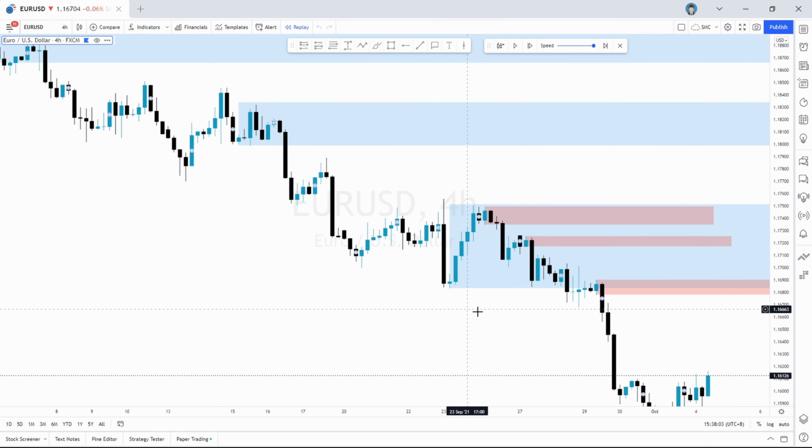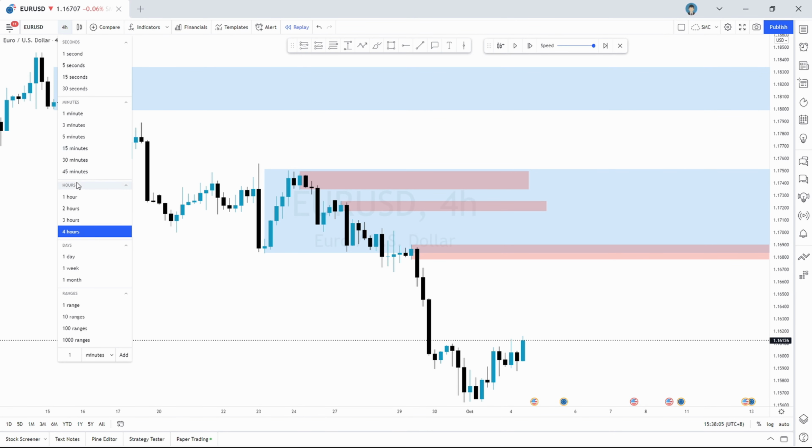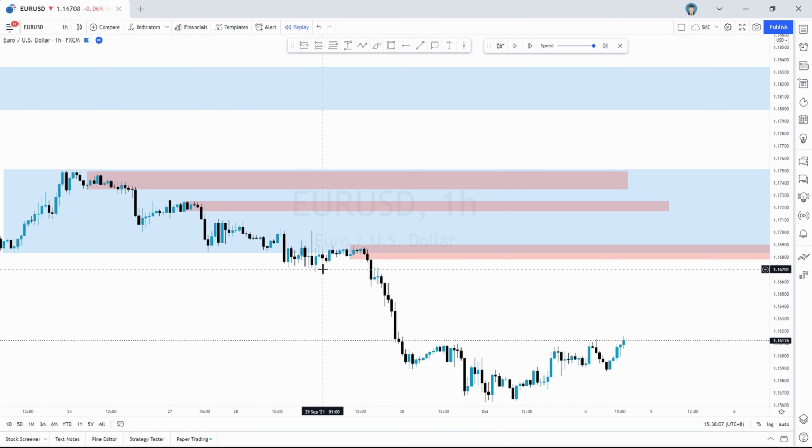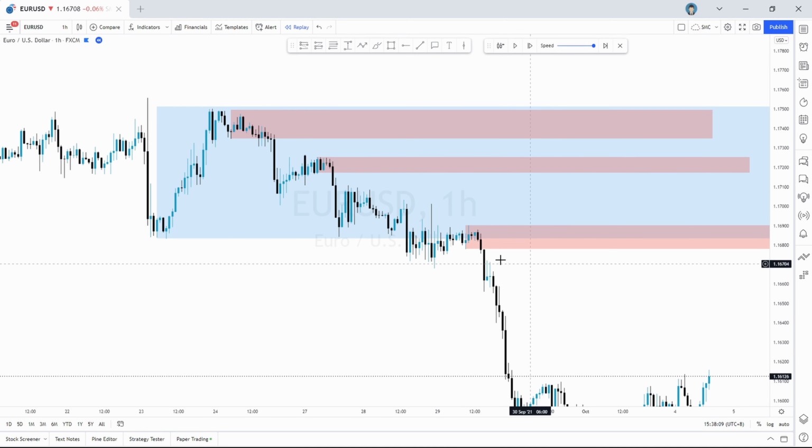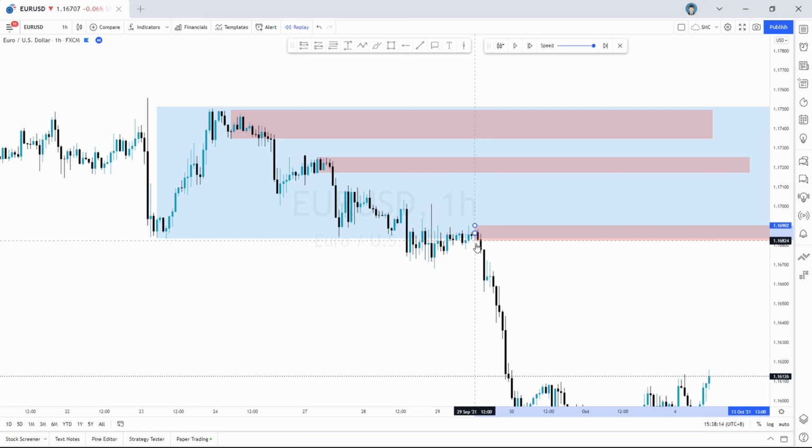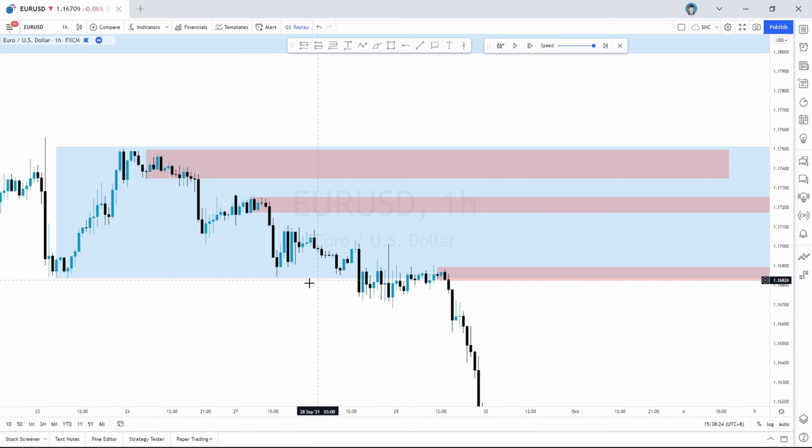Let's do the replay tool. Now we can go on more lower time frames again. So to the 1-hour, either you can make this your general point, or you can refine it even more over here, the last up move before the down move. Again, the more you refine, the better the RR, but the less probability for price to hit your point of interest.